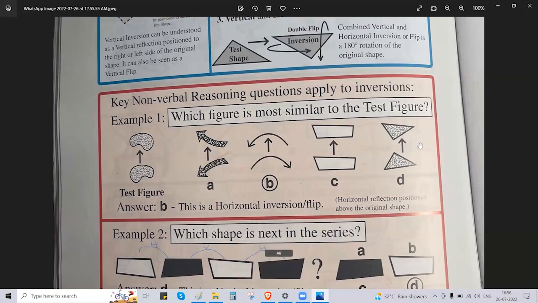So we would have to find something that would be vertically flipped, and it would look kind of like this. So there would be a shorter side here. That's the sequence. So the next answer should be the vertical flip.